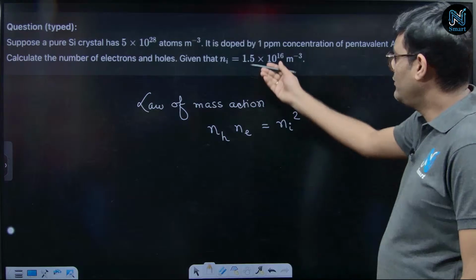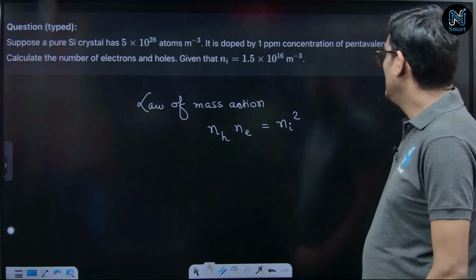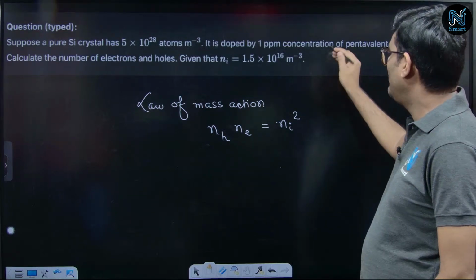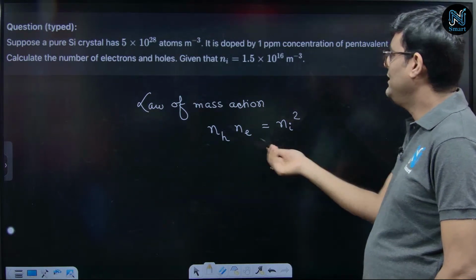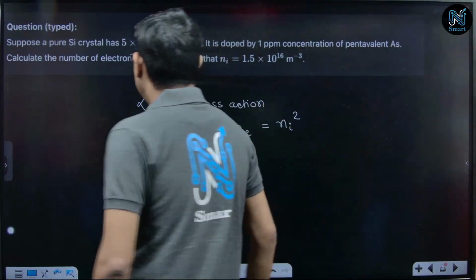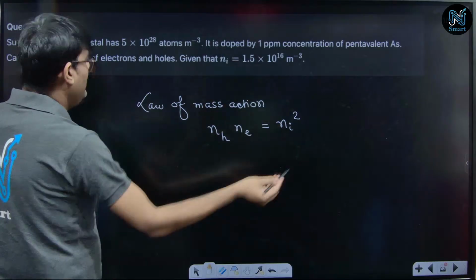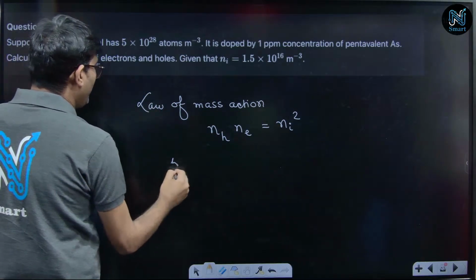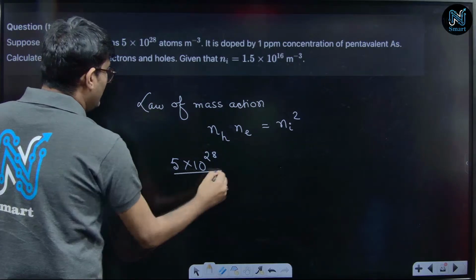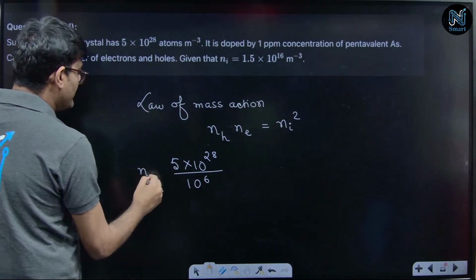So, now what do we have? We have intrinsic concentration given in our question, and we also know the concentration of the electrons from the dopant. Why can I say that? Because the question says 1 part per million, meaning for 5 into 10 power 28 atoms, if I divide it by 1 million, then this is the concentration of the electron.